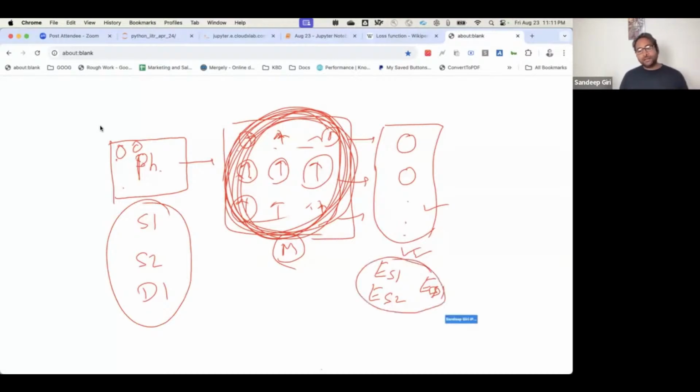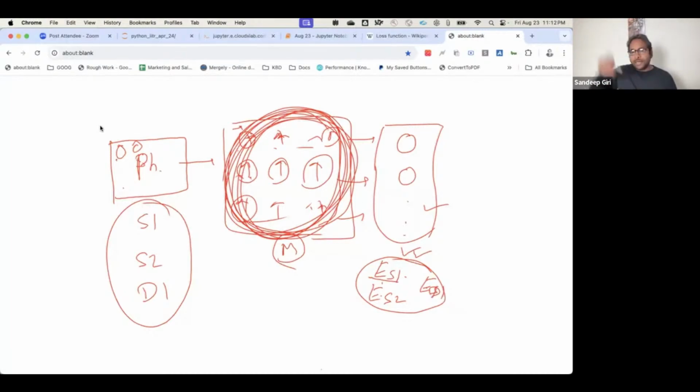Then what we did was, we slowly tweaked one of the parameters, one of the knobs, slightly, and observed: did ES1 and ES2 move closer and move away from ED1 or not? If they did, we kept on moving it.